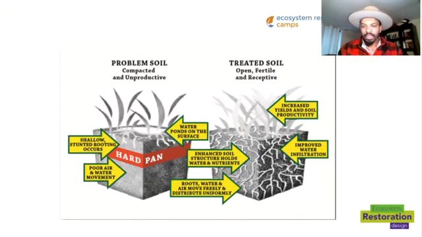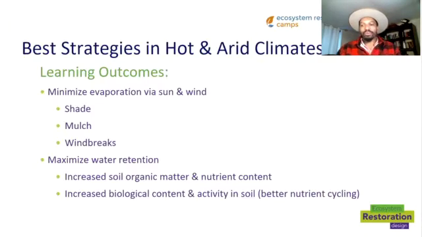So in moving forward, the real key here is to create an arrangement which, as we had noted at the end of the last session, minimizes evaporation by way of the sun and the wind. And this is done by creating shade, mulch, and windbreak.